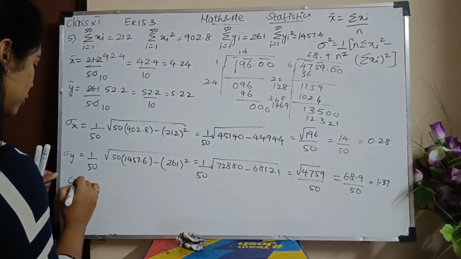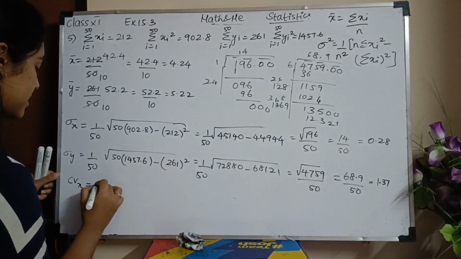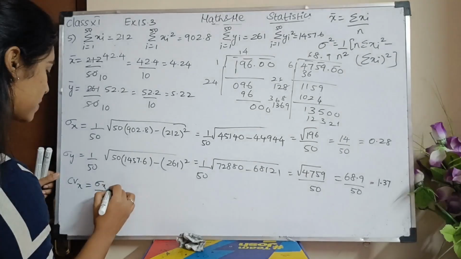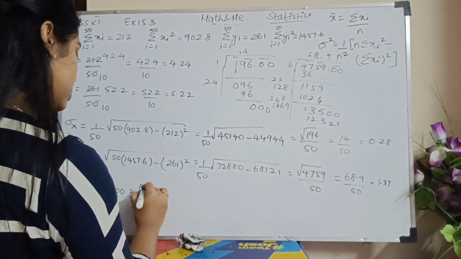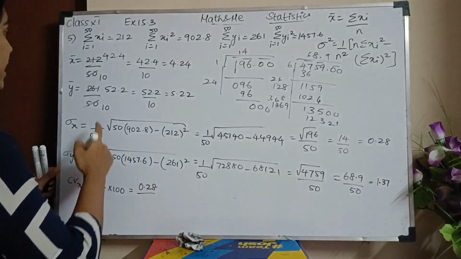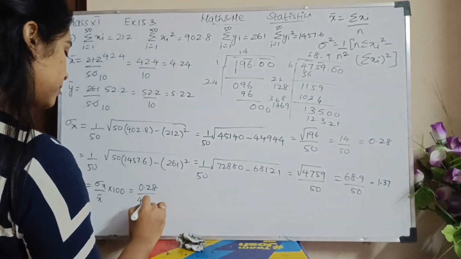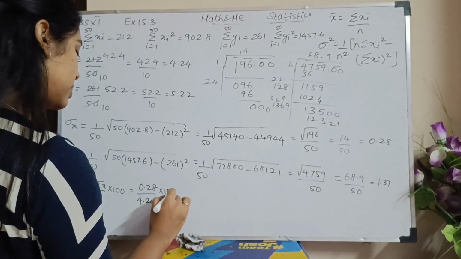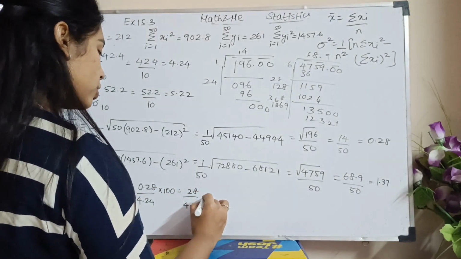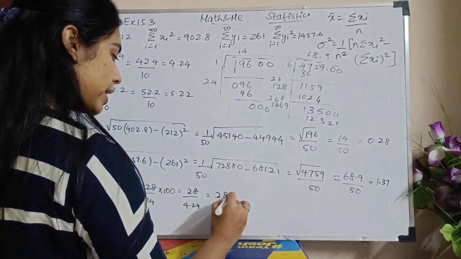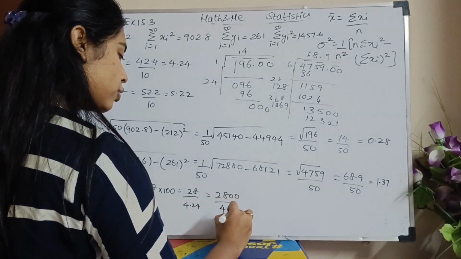So I need to find my coefficient of variance, which is CVX is sigma x divided by x bar times 100. What is my sigma x? It is 0.28 divided by x bar, which is 4.24, times 100. Into 100, I'll have 28 divided by 4.24. Again, into 100, 2800 divided by 424.